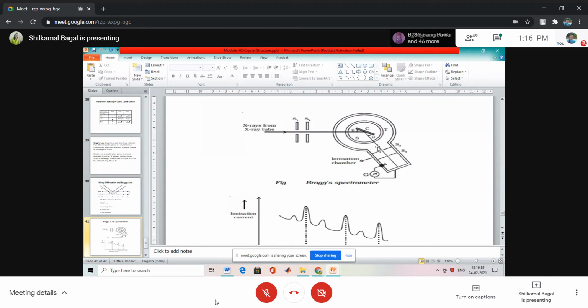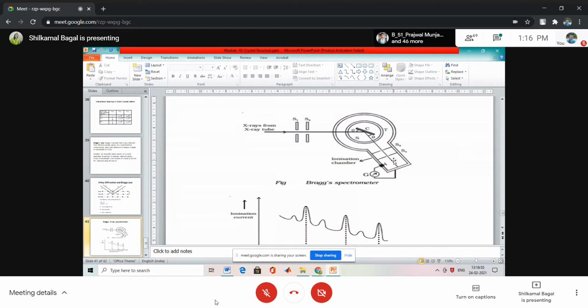Got it? These reflected X-rays go into the gas, then they ionize the gas, and so the current will flow through the galvanometer. Then how much current will flow through the galvanometer?